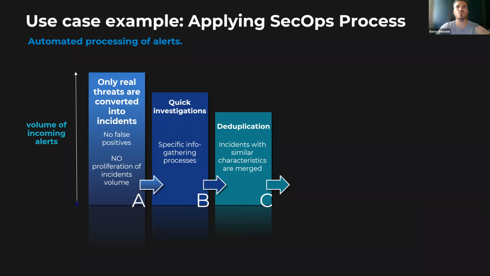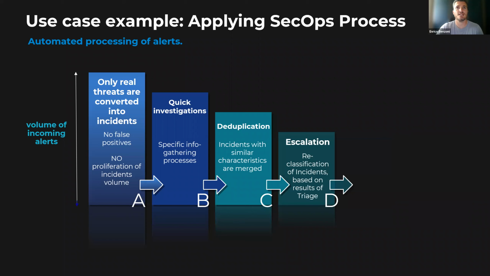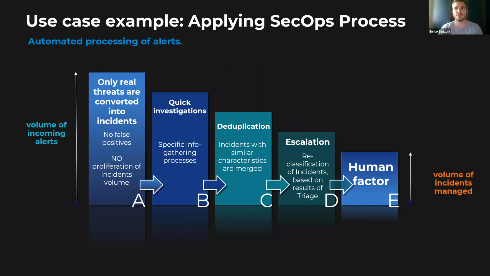You can deduplicate the incident in order to merge similar incident with the same characteristics. So you have to work on the same IOCs, and then you can make the escalation based on the results of triage. And the human factor, so the volume of incidents that you can manage is decreasing. So that basically you can use the automation to reduce the number of alerts.